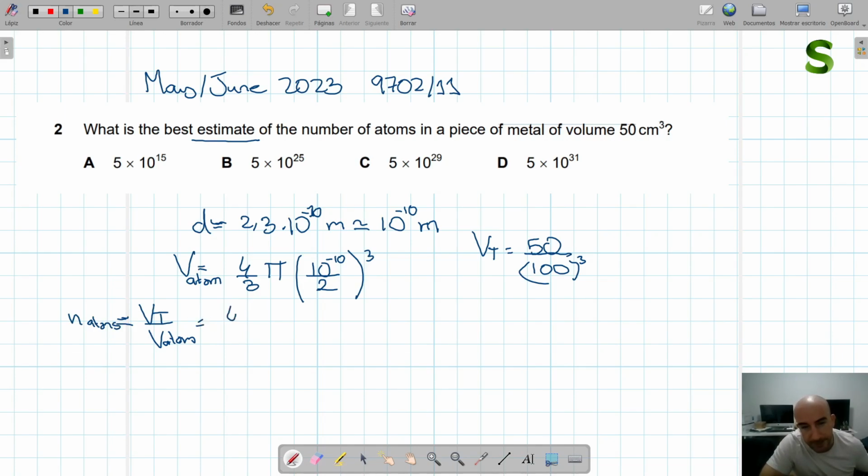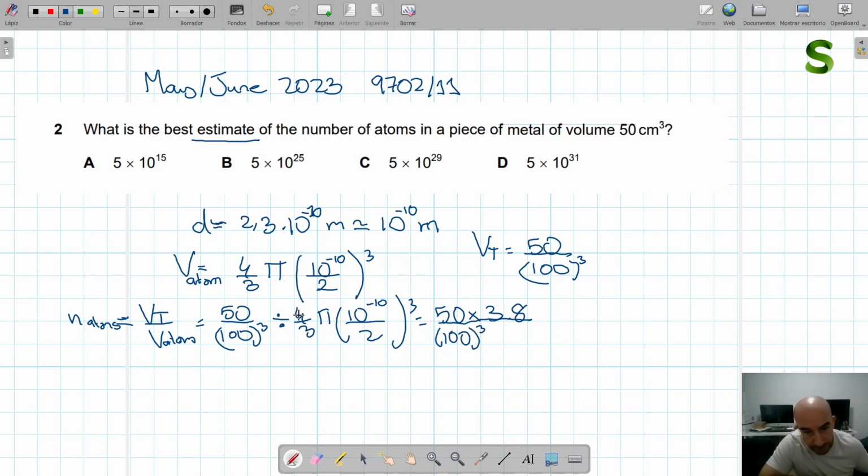And if we do that, it's 50 divided by 100 to the power of 3 divided by 4/3 pi. So that would be 50 times 3 times 8, which is 2 to the power of 3, divided by, I'm doing the inverse of the second one, 100.